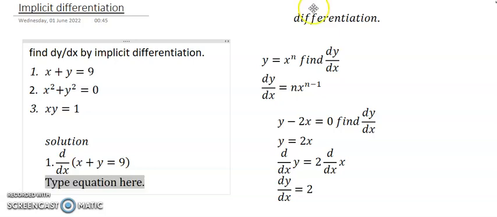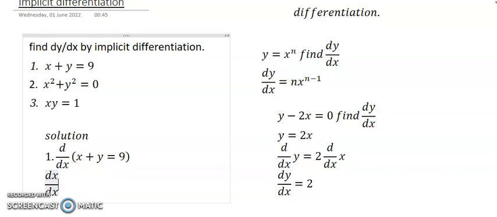Let's go ahead and find the derivative of this one. Then it will give us dx over dx plus dy over dx equal to d9 over dx.